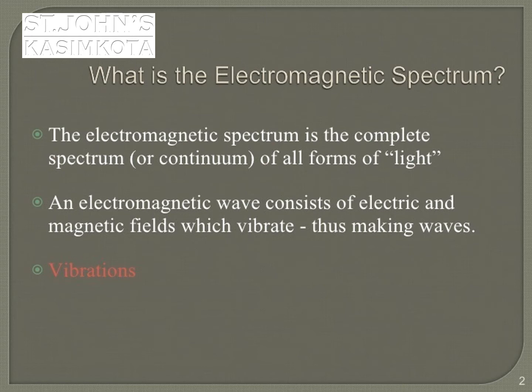So together, the electric and magnetic fields create an electromagnetic field, and this electromagnetic field contains electric waves and magnetic waves which move perpendicular to each other.